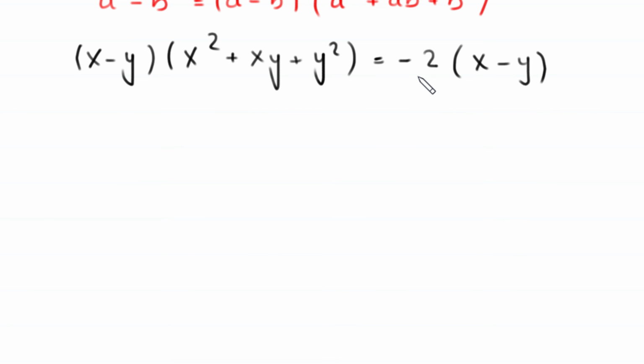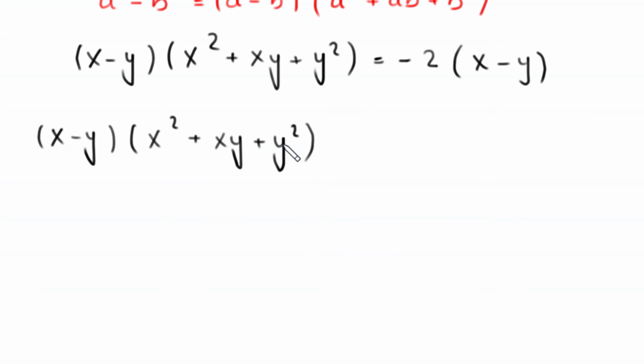Move this negative 2 times x minus y to the left hand side, then this will become x minus y times x squared plus x times y plus y squared plus 2 times x minus y equal to 0.